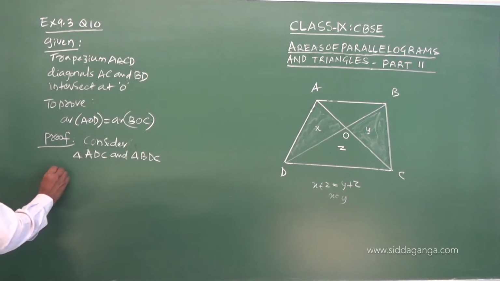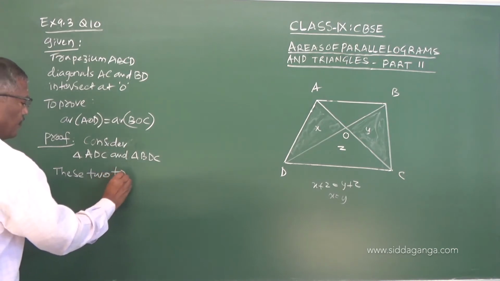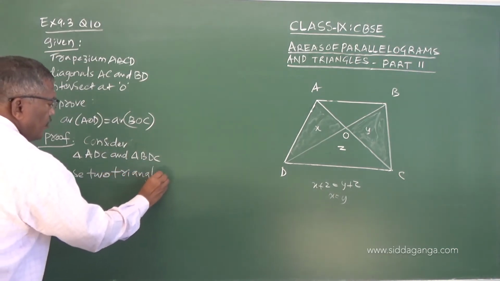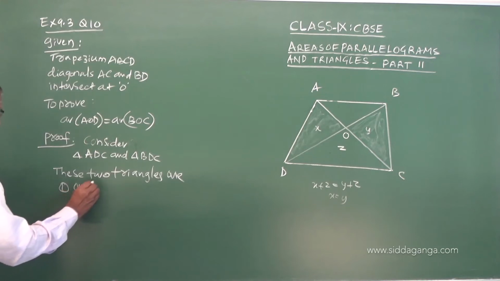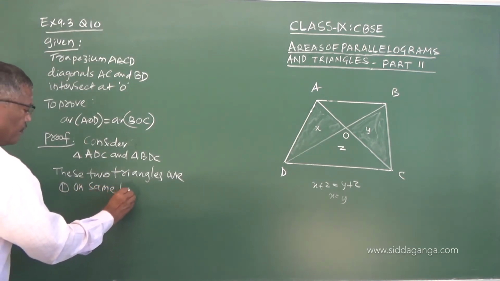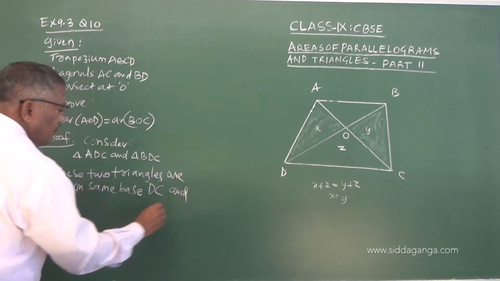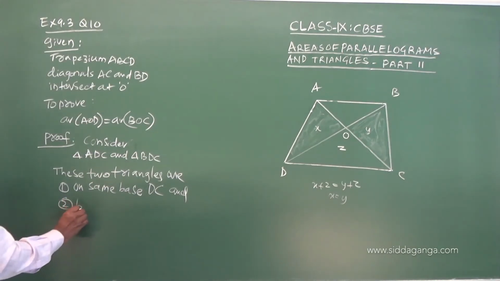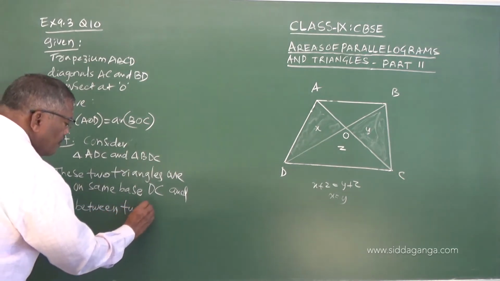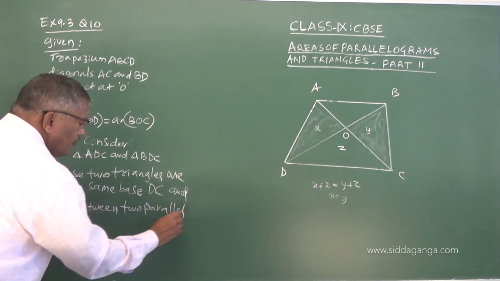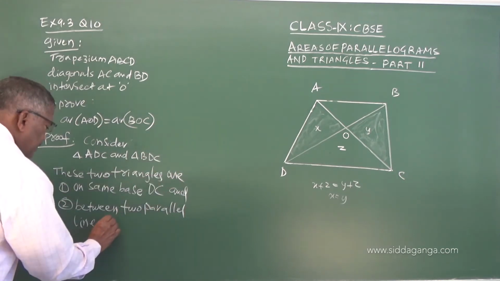Now these two triangles are on the same base DC, you can observe from the figure, and between two parallel lines AB and CD.